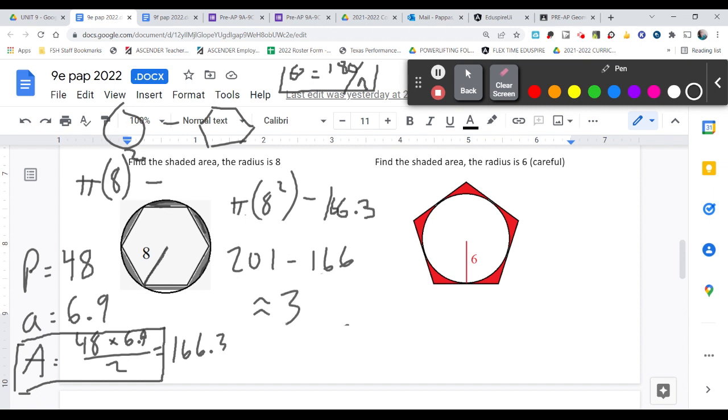Okay, I'm going to say it's about 35. You might get 35, 34, 36, somewhere around there, but the circle area was 201 and the hexagon was 166, right? So the full circle minus the 166 of the hexagon, that shaded area is approximately 35.